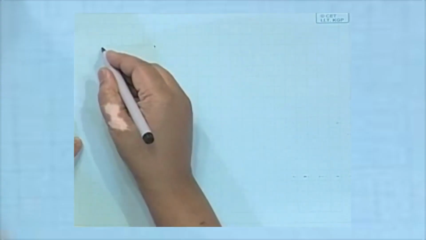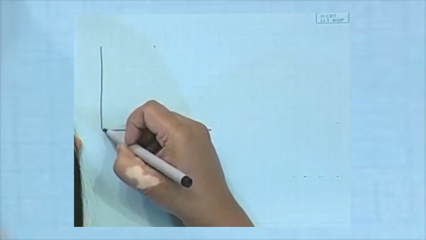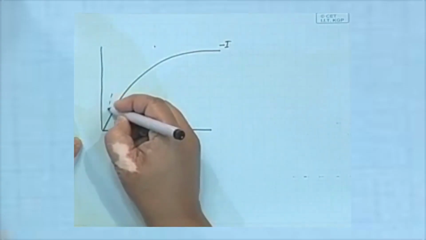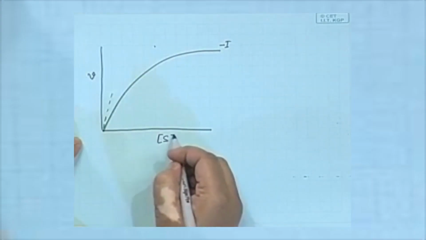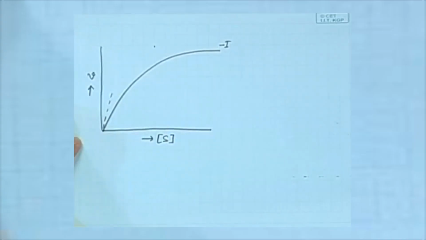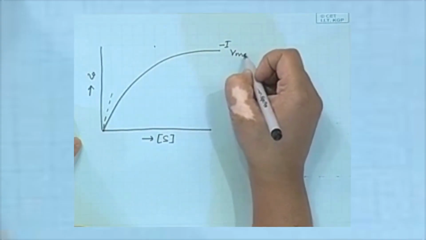Let's go back to our Michaelis-Menten. This is minus inhibitor. This is my initial velocity, this is my velocity, this is my substrate concentration. Okay? What am I saying? This Vmax will not be attained.